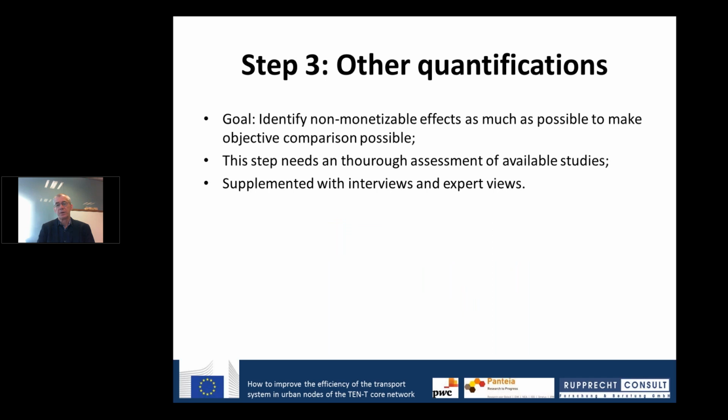There's also other quantifications possible. One needs to identify the non-monetizable effects as much as possible to make an objective comparison possible. And this needs a thorough assessment of available studies, and it could be supplemented with interviews and expert views. These sometimes may concern environment and safety.